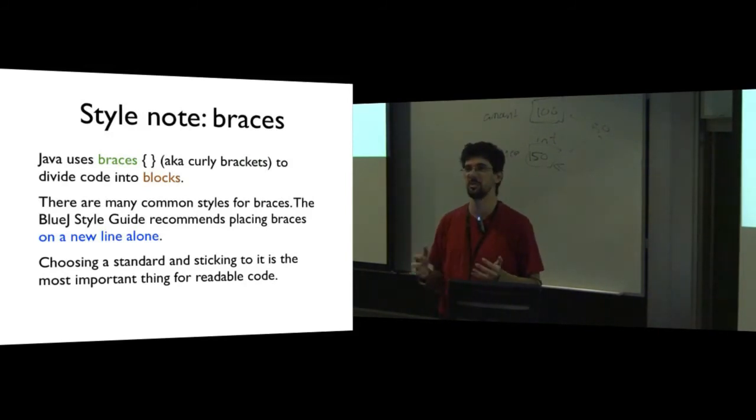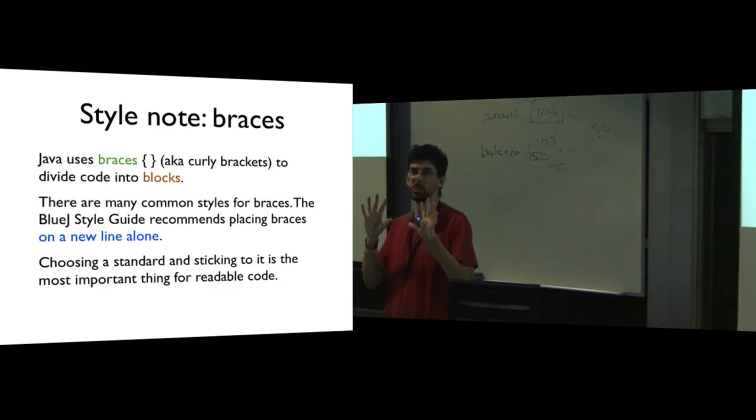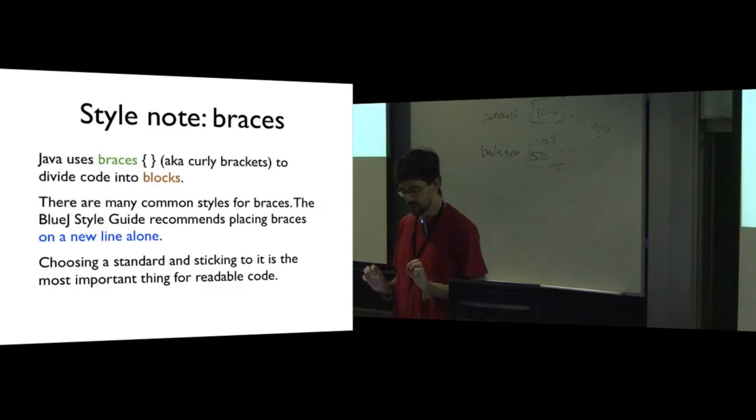Being computer people, we have holy wars over little tiny details, right? And so there are many common styles for where to put your braces. And if you talk to two different programmers, you'll get two completely different opinions about the right way to do this. But the BlueJ style guide recommends putting your braces on a new line alone.